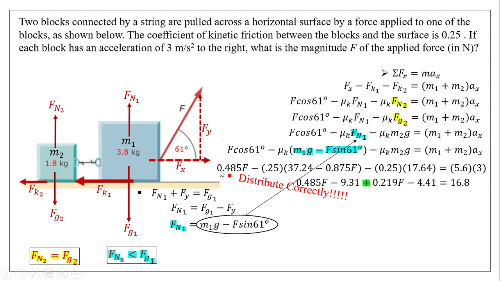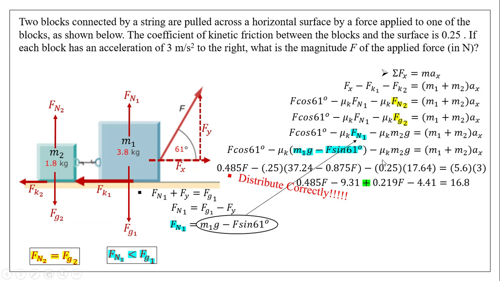So in my work, I carry the 0.485F down because I haven't touched it. And then here, negative 0.25 times 37.24 gives me a negative 9.31. And then negative 0.25 times negative 0.875F gives me a positive 0.219F. Okay, so make sure you keep that in mind.